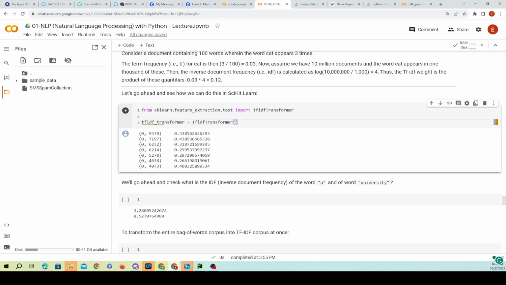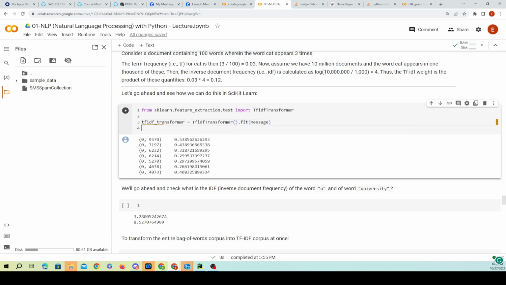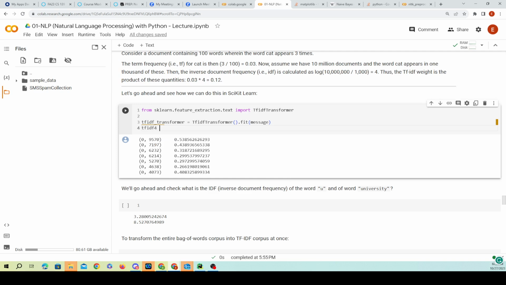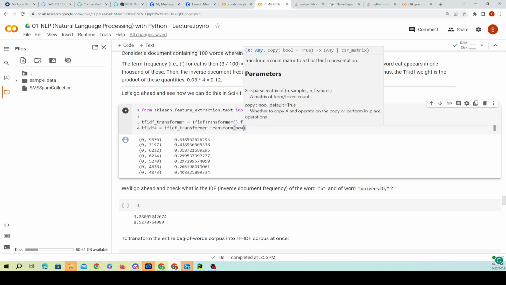And we're going to fit the data with our message bow. Now we're going to use the transformer that we just created, the TFIDF transformer, and we're going to transform our bow4, which is our fourth message, just so that we can see what we get.